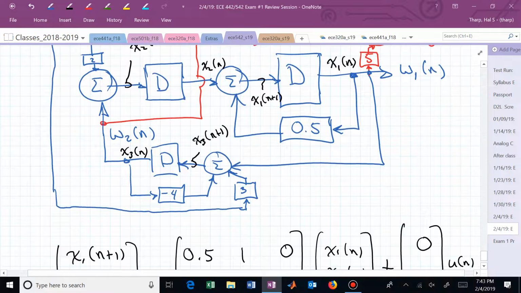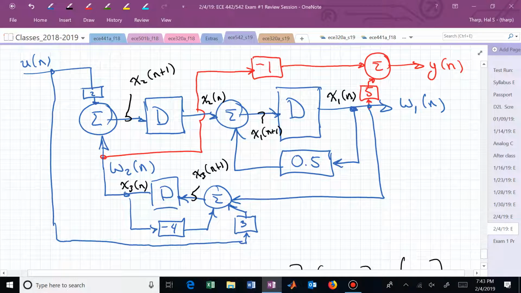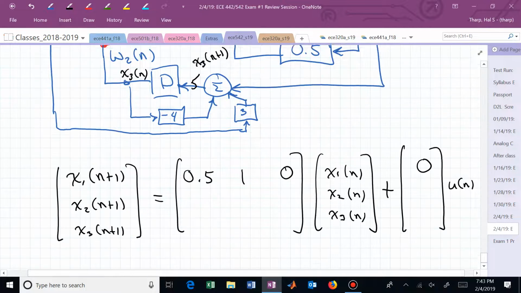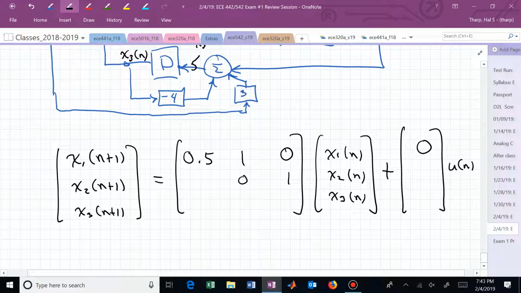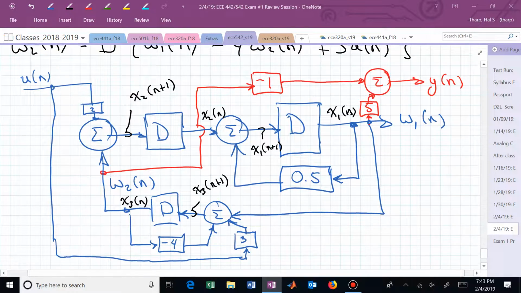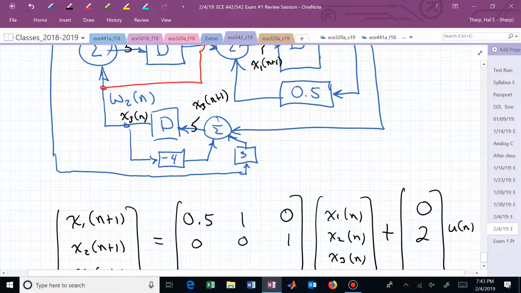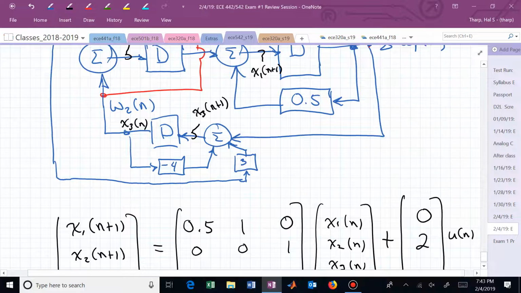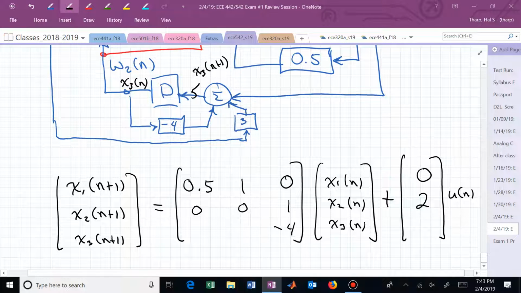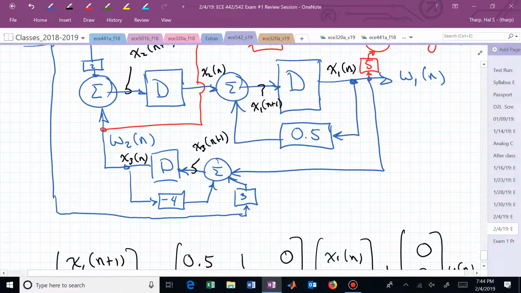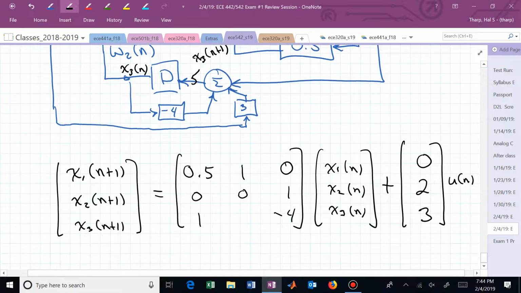What about x sub 2 of n plus 1? Is that okay? And then finally x sub 3 of n plus 1 is minus 4 x sub 3, 3u of n plus x sub 1 of n.